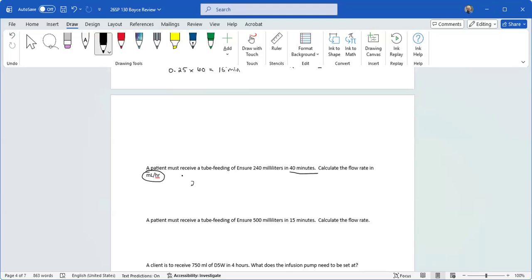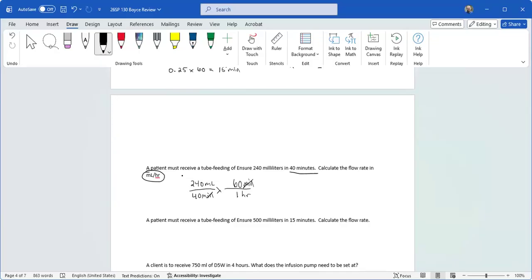So the way you can do this is by taking your 240 milliliters over your time, and then converting your minutes to hours. You might already know what 40 minutes is as a decimal, but you don't have to do that.